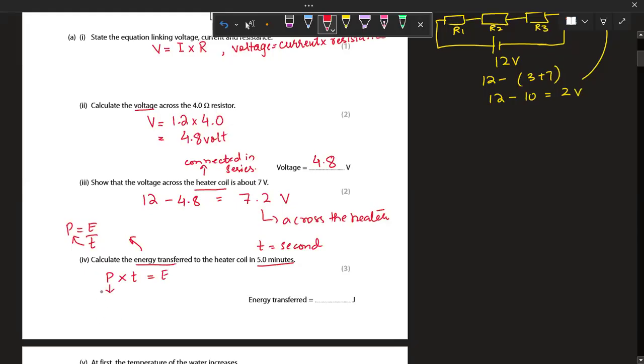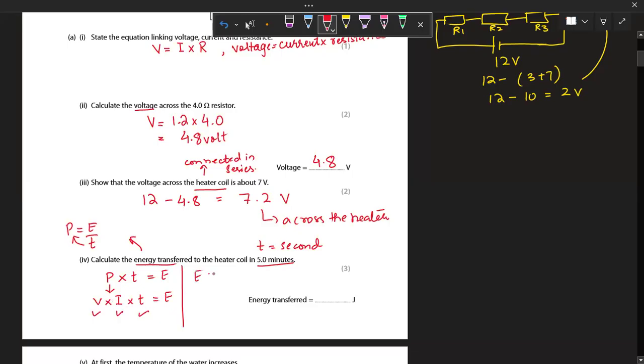The electrical power is the product of voltage and current. So the formula for the energy transfer is VIT, where V is the voltage, I is the current, and T is the time.